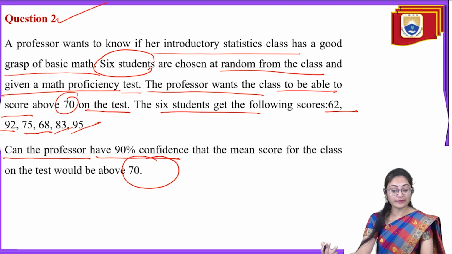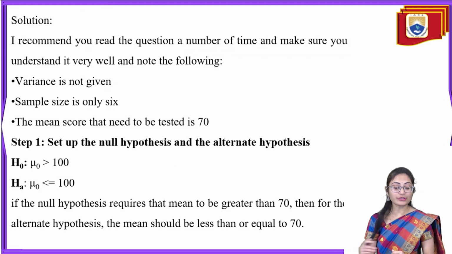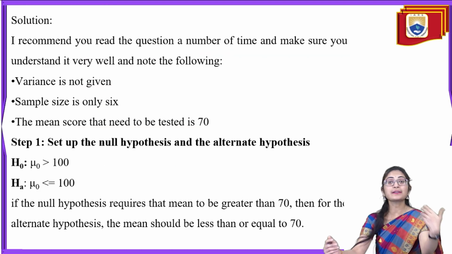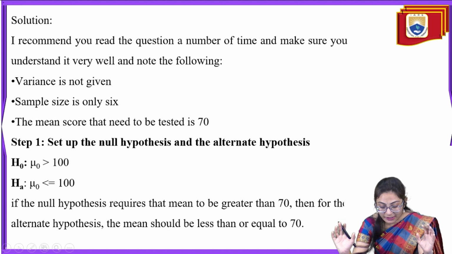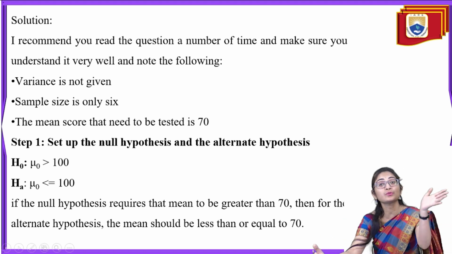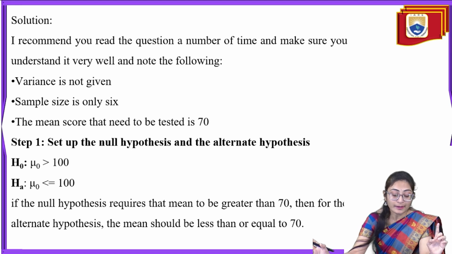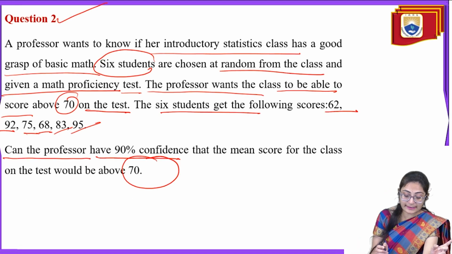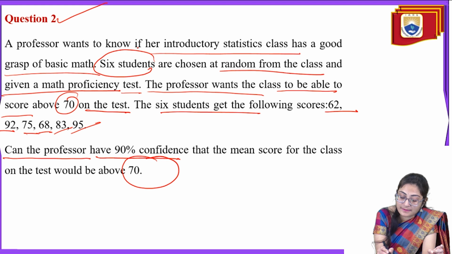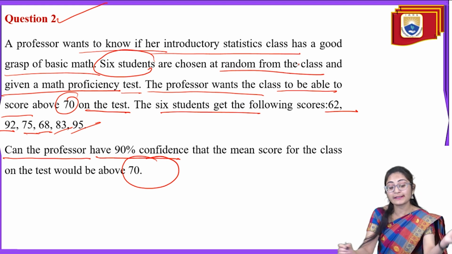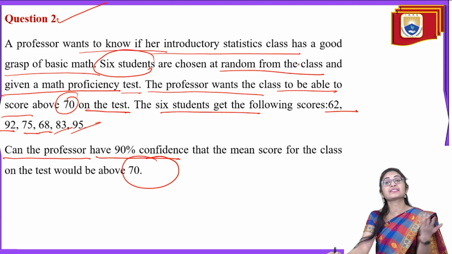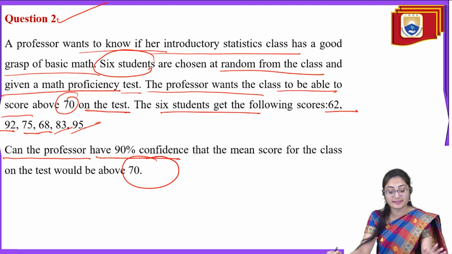So let's see how we will find out. First, the solution. We recommend that you read the question a number of times and understand which points you have to find. Again, we will check. The professor wants to know if her introductory statistics class has a good grasp of basic maths.